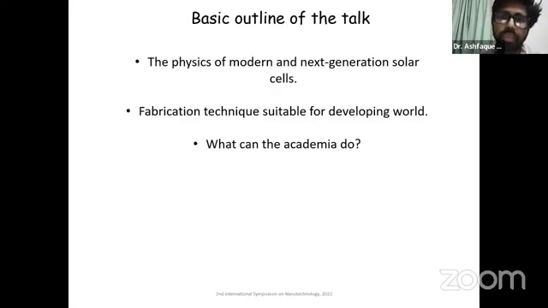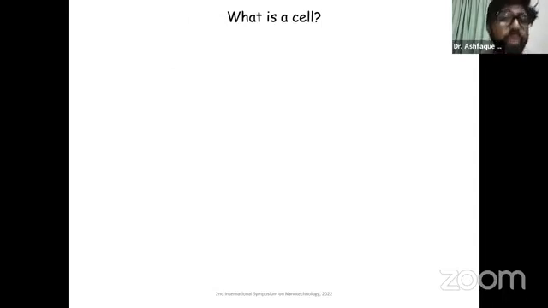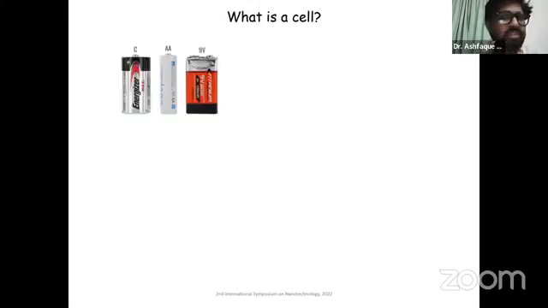So at the beginning, I would start with a question: what is a cell? In physics, in chemistry, or in electronics, when we talk about a cell, what we basically mean, in a very general sense, is a battery. A very basic characteristic of a battery is that it has mainly two terminals.